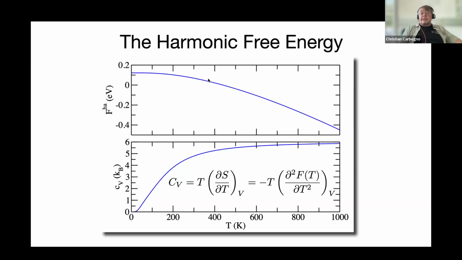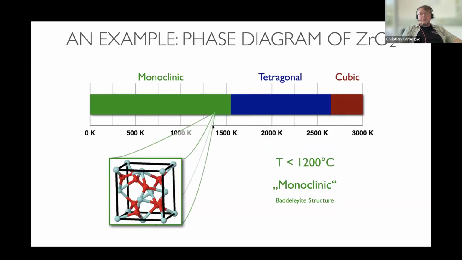This harmonic free energy is not only useful for calculating something like specific heat, but it's also useful, for instance, for looking at phase transformations. Here, I'm looking at one example, the phase diagram of zirconium oxide. If you look at it experimentally, you know that you have different structures. At temperatures below 1200 degrees Celsius, you have the so-called baddeleyite, a monoclinic structure.